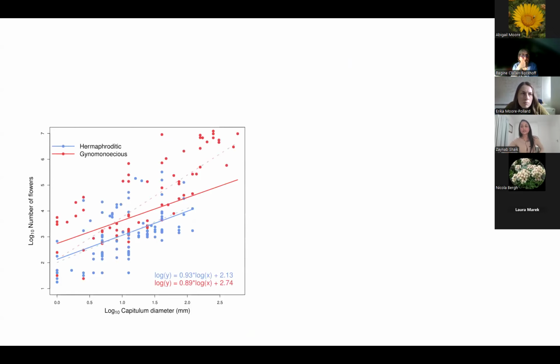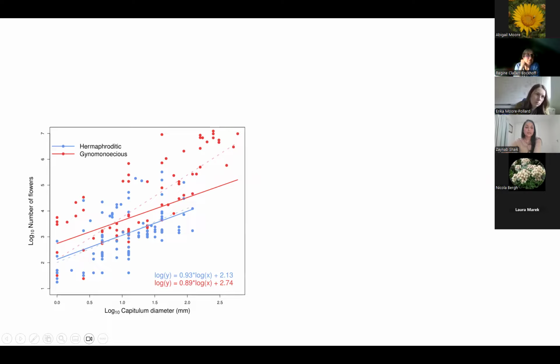But another way to look at these data is a phylogenetically corrected linear regression. So you'll see here that the x-axis is the log capitulum diameter, and then the y-axis is the number of flowers. And here we're looking at phylogenetically corrected lines. The uncorrected lines are stippled, solid lines are corrected.